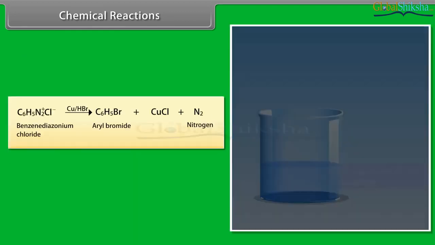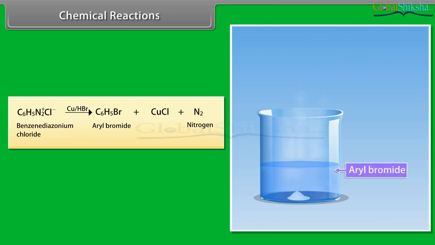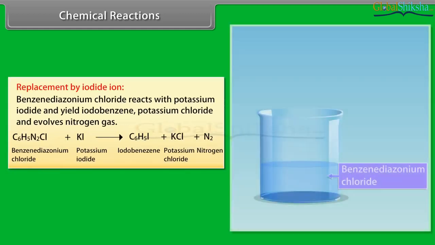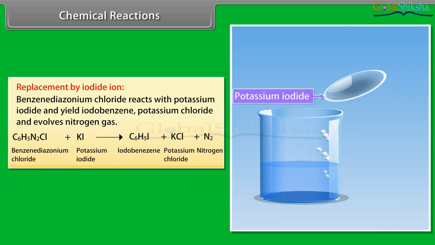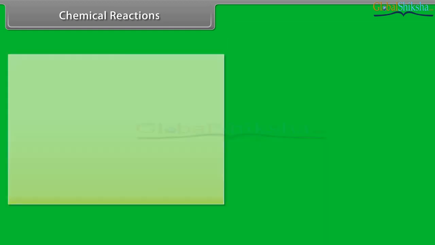Benzene diazonium chloride reacts with hydrogen bromide and copper powder to yield aryl bromide, cuprous chloride and liberate nitrogen gas. Replacement by iodide ion. Benzene diazonium chloride reacts with potassium iodide and yields iodobenzene, potassium chloride and evolves nitrogen gas.